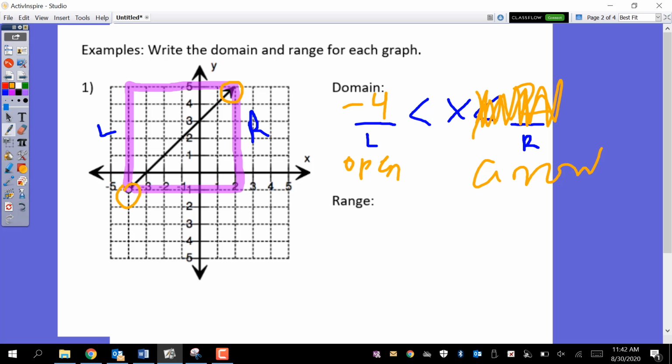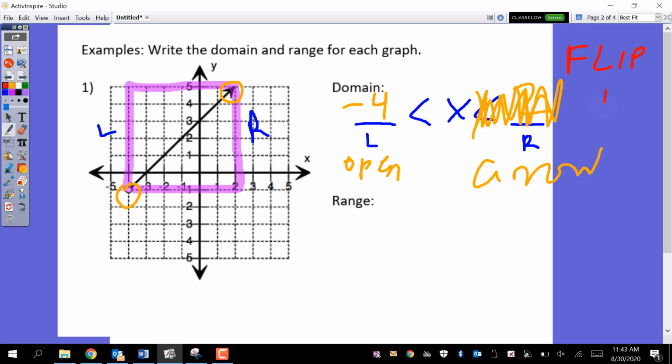Now I need to decide, am I supposed to rewrite this, or can I leave it how it is? Is the number written first or is the letter written first? The number's written first, so I have to flip it.